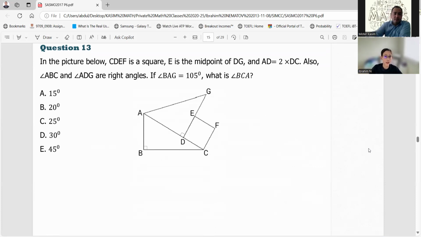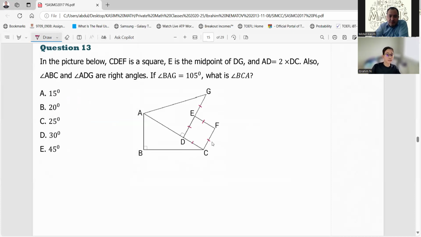In the picture below, CDEF is a square. E is the midpoint of DG, and AD equals 2 times DC. Also, ABC and ADG are right angles. If angle BAG equals 105 degrees, what is BCA? Also, E is a midpoint of DG. AD is 2 times DC, right?